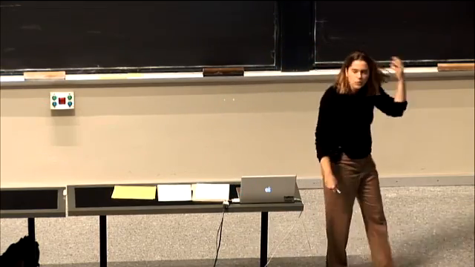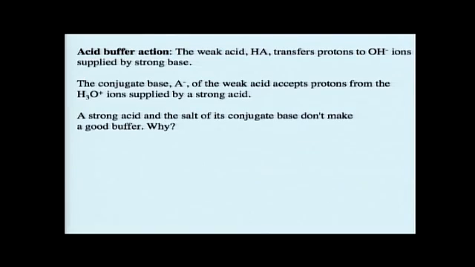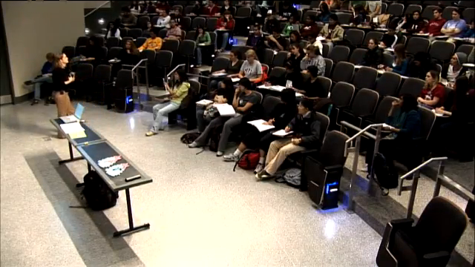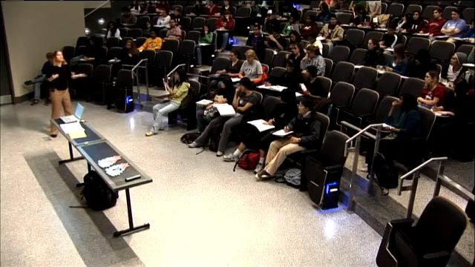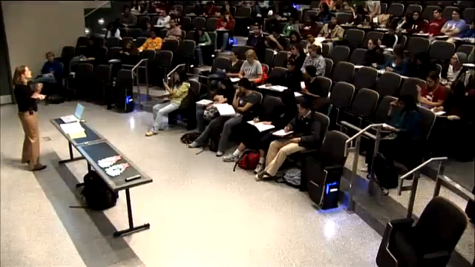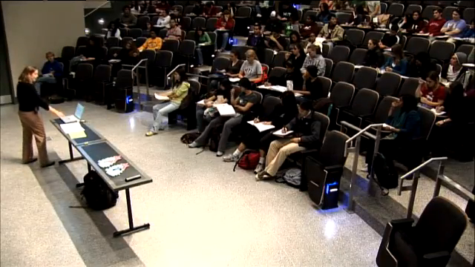So I've been talking about weak acids and weak conjugate bases. So why would a strong acid and the salt of its conjugate base not make a good buffer? What do strong acids do? They dissociate almost completely, and that's not going to do you any good. You want to be able to shift that equation in both directions.